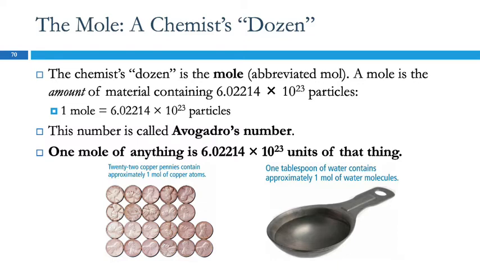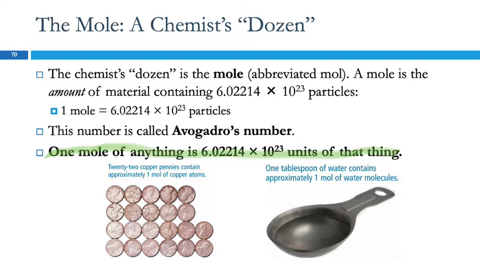So, 1 mole of anything is 6.02214 times 10 to the 23rd units of that thing. This is a useful quantity of stuff. This is a picture of a mole of copper atoms. 22 pennies would make up about a mole of copper.